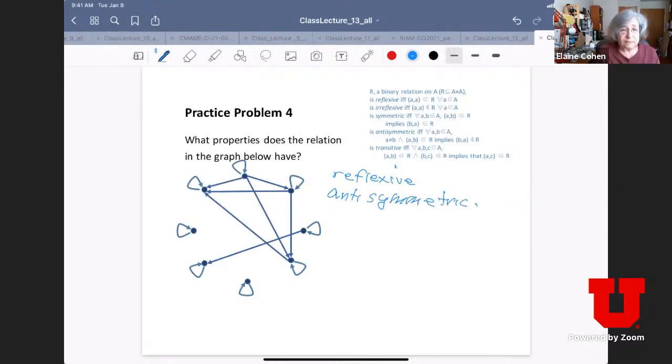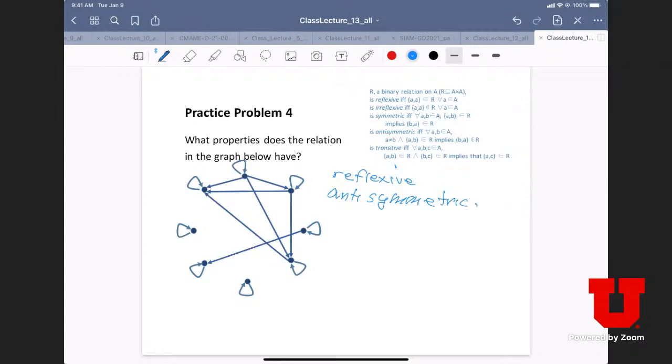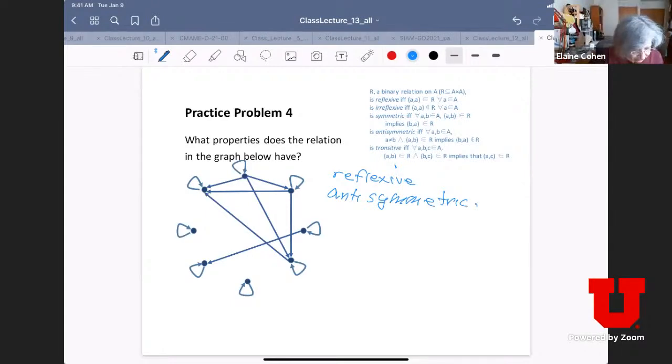What else? It's also transitive. Very good. Why is that the case? Well, here I have an arrow that goes from this node to this node, and an arrow that goes from that node to that node, and an arrow that goes across like that. If I have an arrow from this node to this node and one from here, then I have one that goes from the beginning to the end.